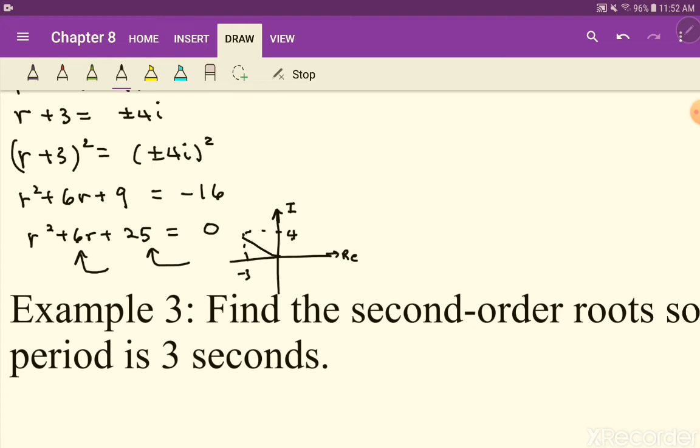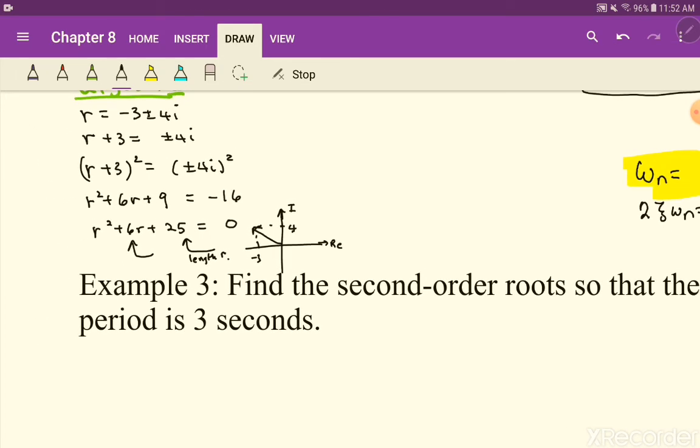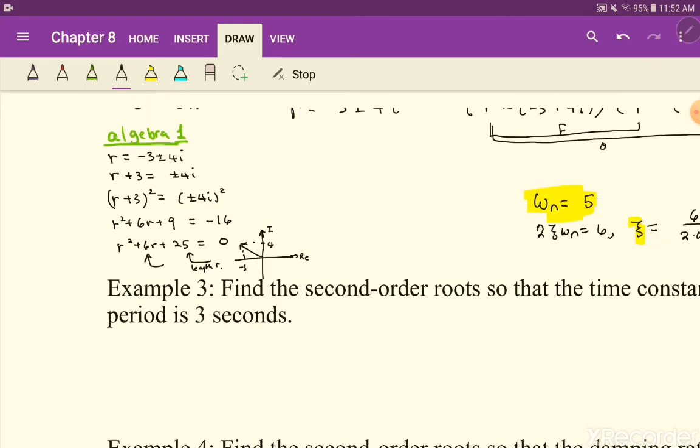Draw that vector right there. And what's the length? It's 5, isn't it? 3 squared plus 4 squared. So this is the length of r on the complex plane. And then 6 is negative 1 times twice the real part.